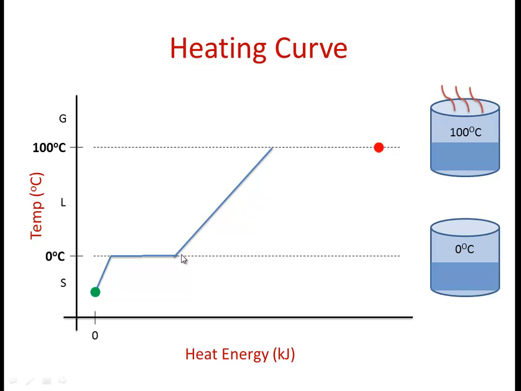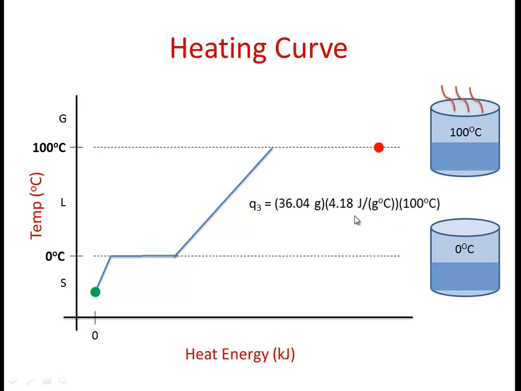Okay, so now to go from here to here, hopefully you realize that this segment of the heating process is just another specific heat problem. Okay, so we know how much mass we have, 36.04 grams. Now we need the specific heat of liquid water, which is 4.18 joules per gram Celsius. And obviously, we're going to increase the temperature by 100 degrees. So our delta T is 100 degrees.